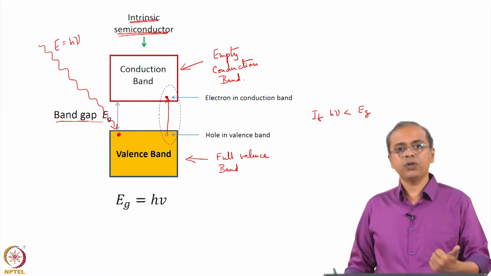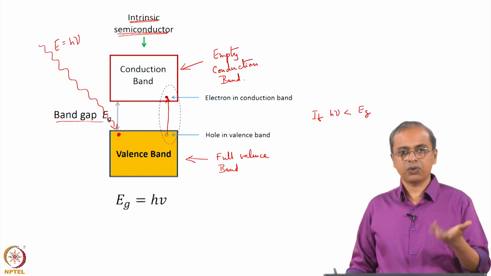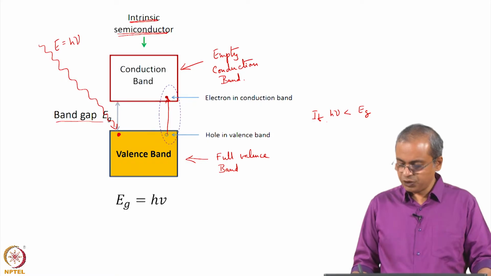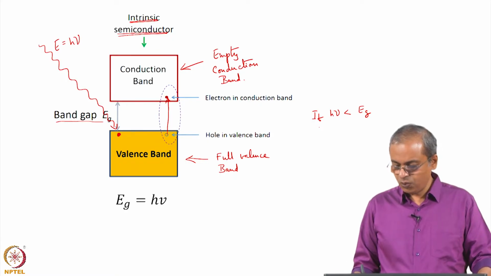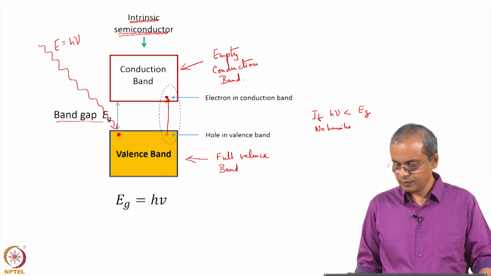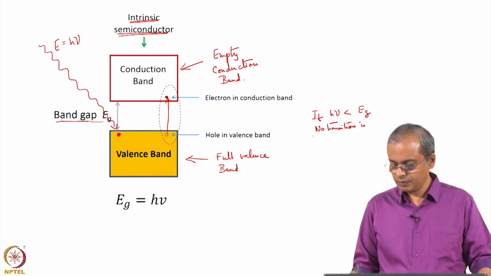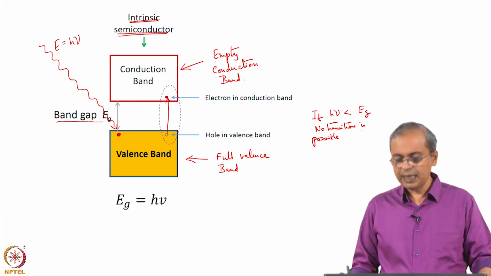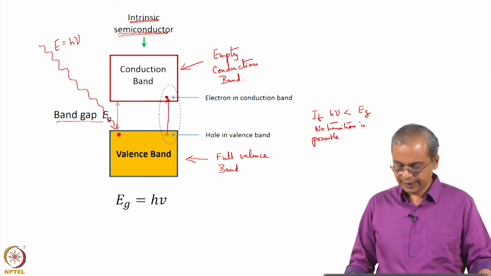It is unable to pick up that energy from the photon, and the photon just passes on without interaction. So, if h nu is less than Eg, no transition is possible, and so the photon goes through without interaction.